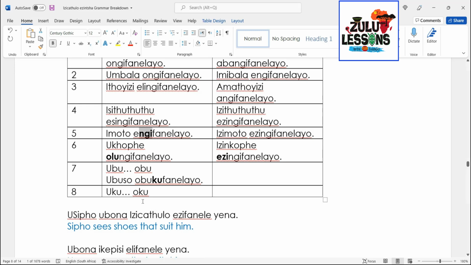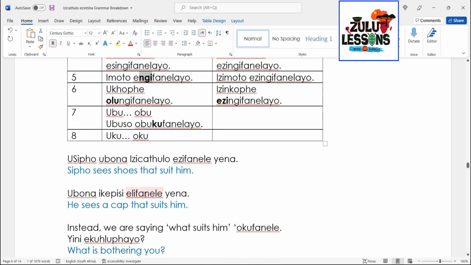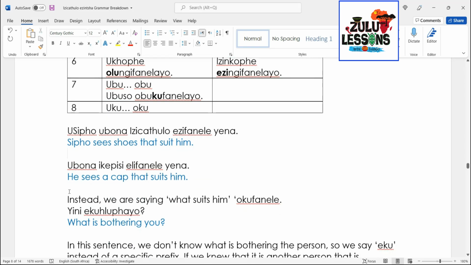So now we make other examples using this fanela verb to suit. Usipho ubona izicathulo ezifanele yena. Sipho sees shoes that suit him. Ubona ikepisi elifanele yena.